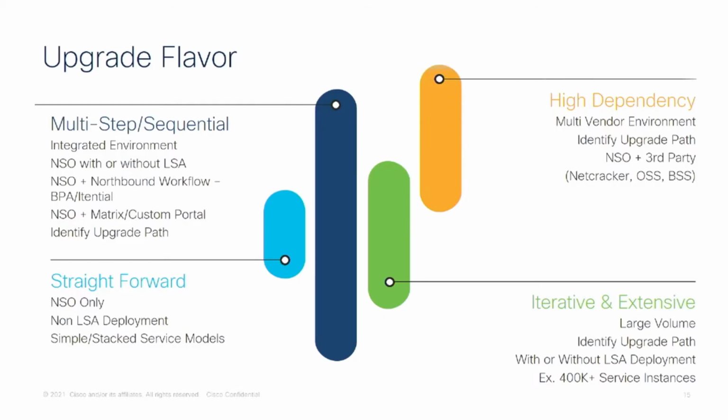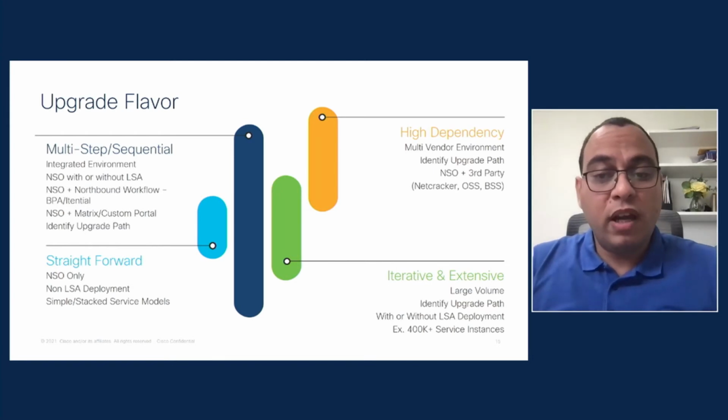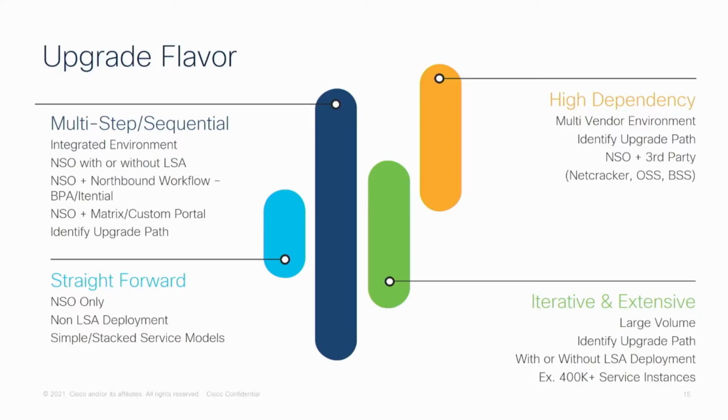The last one, if you have high dependency, for example, if you have an OSS or BSS system integrated with NSO, we have to identify the upgrade path as well, and we could have a multi-step upgrade to be able to align with the northbound system. We call it high dependency because you need to upgrade the northbound system in alignment with the NSO upgrade.